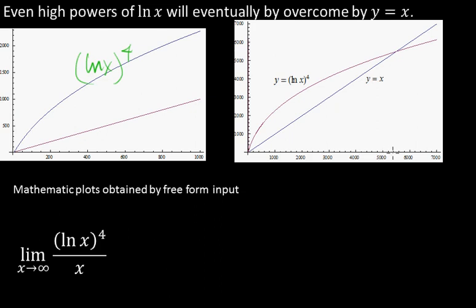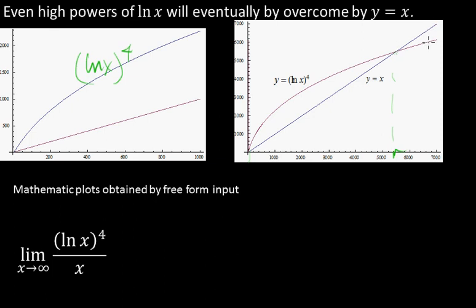But look over here at about x equals, oh, I don't know, 5,700 about, right there, we see that y equals x overtakes ln x to the 4th. Way out there, close to 6,000, but it happens.